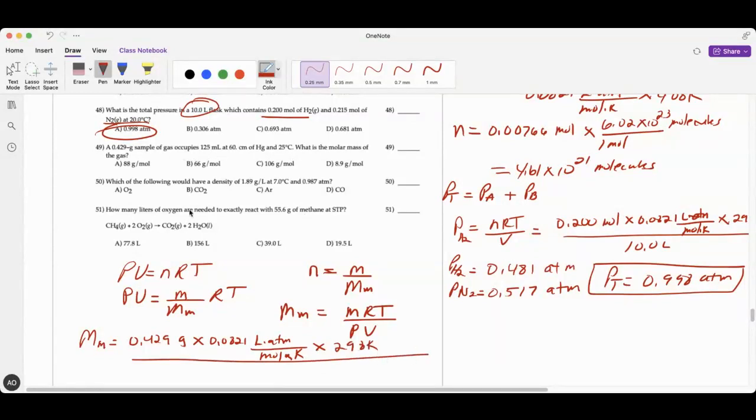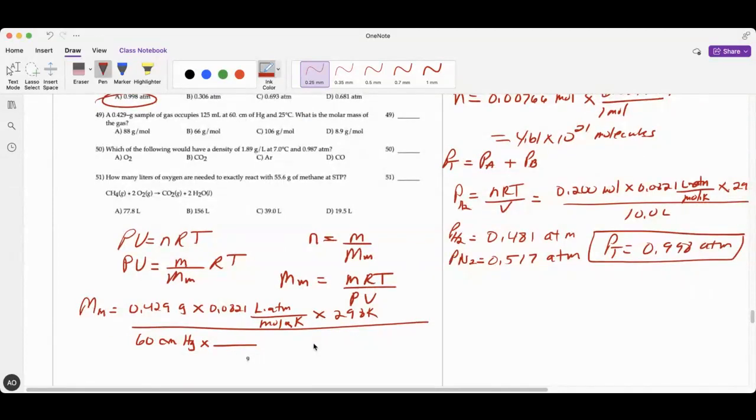Then we divide by the pressure, 60 centimeters of mercury, and 1 centimeter is equal to 10 millimeters, times the volume, 125 milliliters, so it's 0.125 liters. This should give us the molar mass.